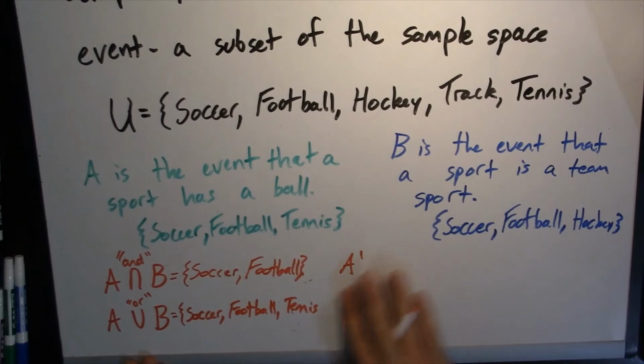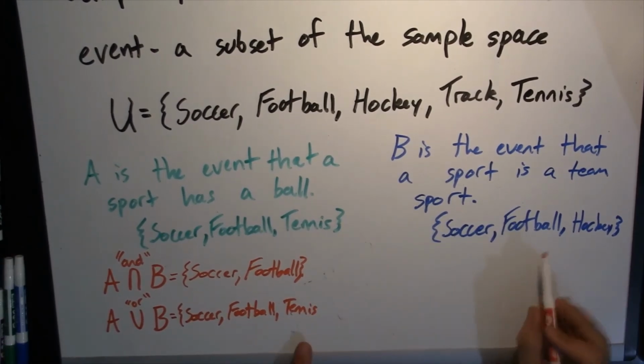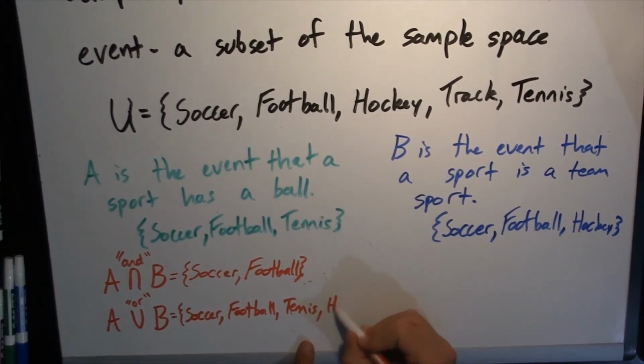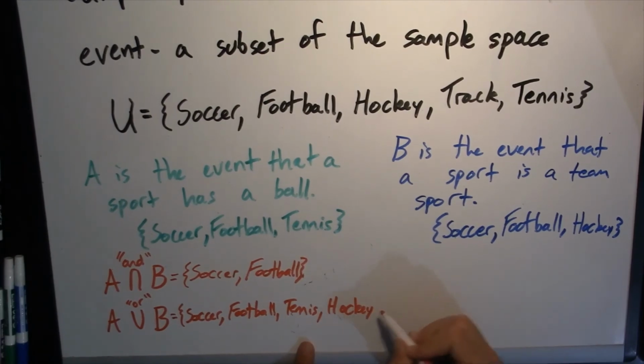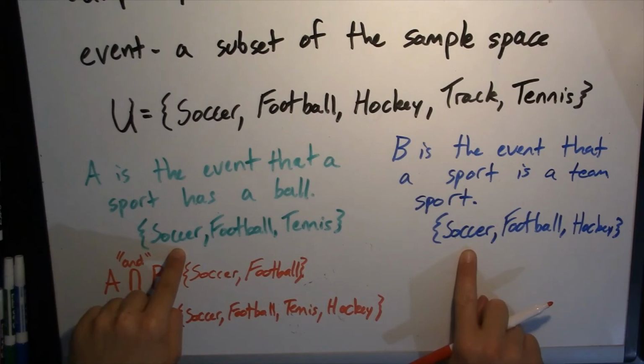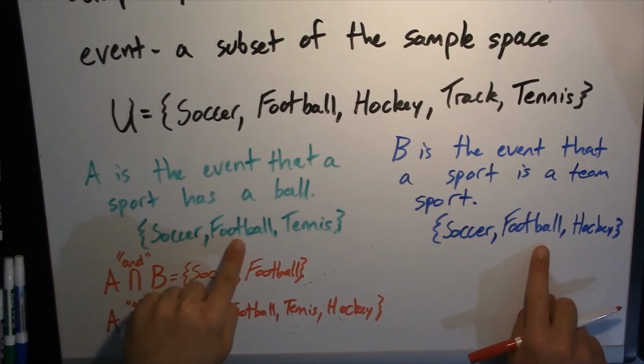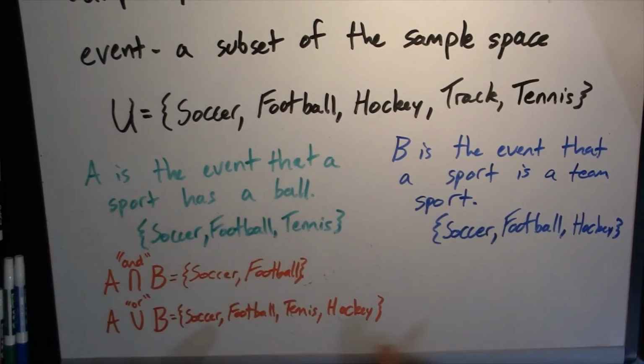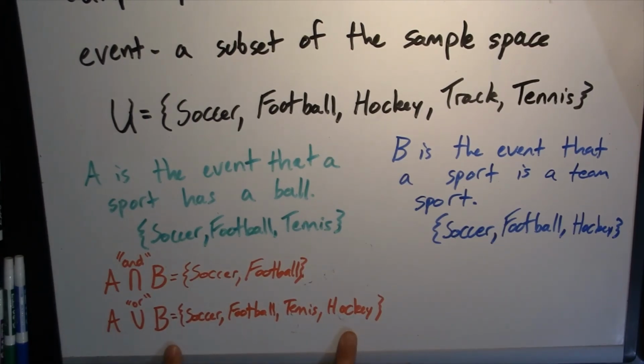Okay, I'm going to need to move these over again. And hockey. Soccer shows up in both of them, that's fine. Football shows up in both of them. Tennis shows up and hockey shows up, they go into the set. So this is A union B. It's everything that's in either one.